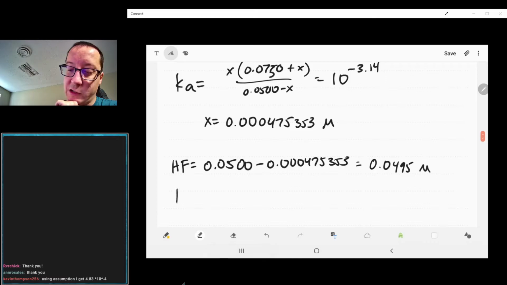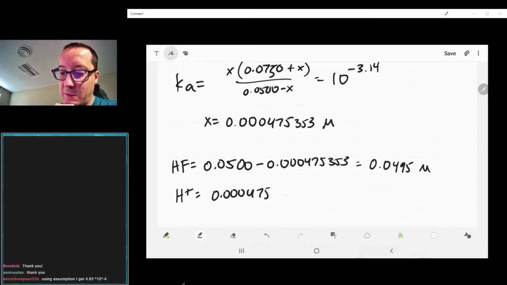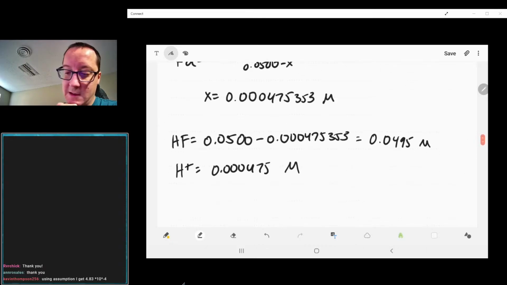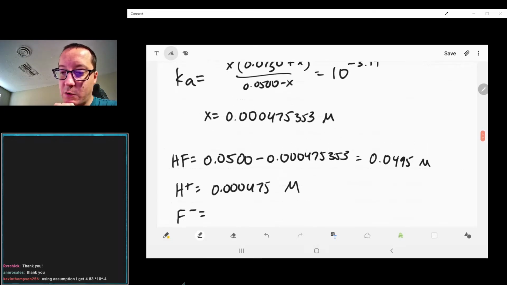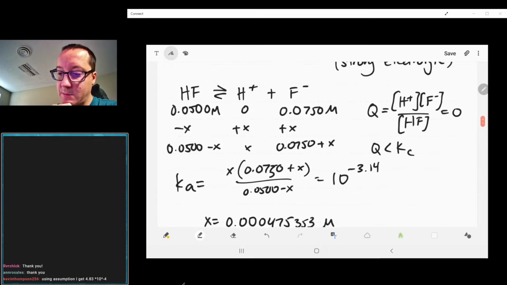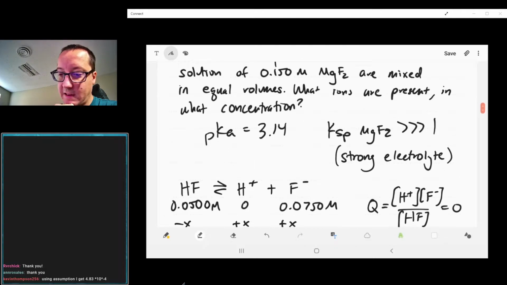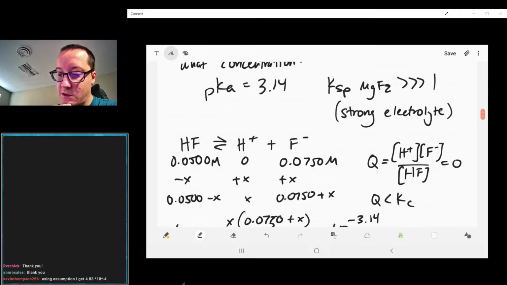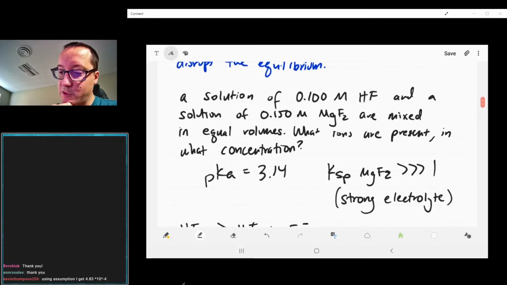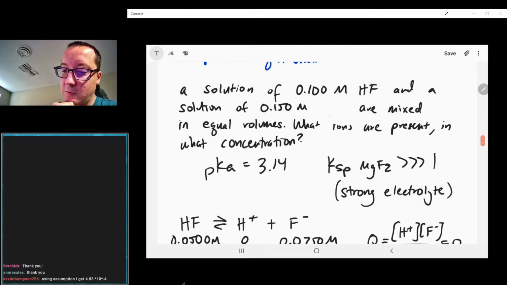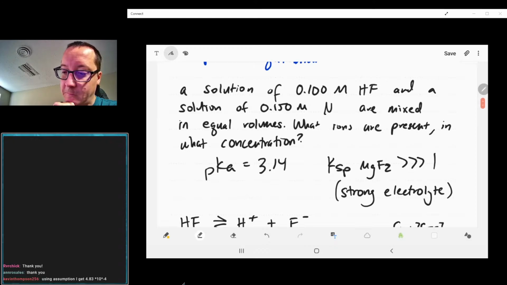With our H plus, we know that that's going to be just the value that we get for X. And then the F minus, we're going to have... Oh, wait, we messed this up, didn't we? The MgF2 should have had twice as much. Here, you know what? We'll change this. We'll make this problem easier. There. Problem solved.